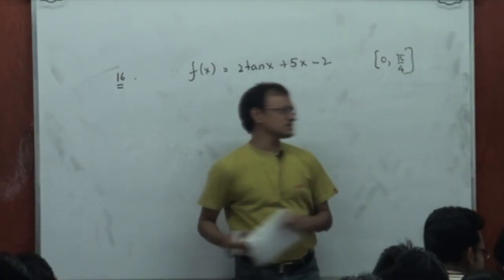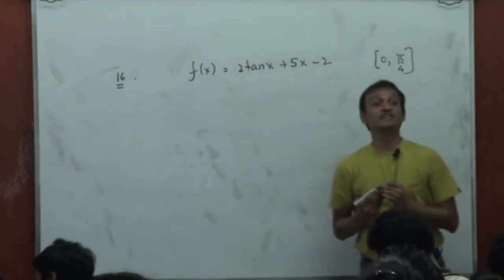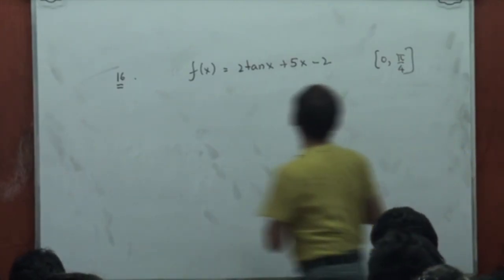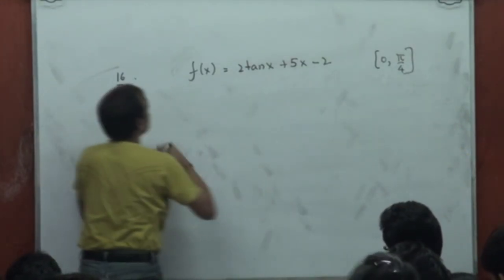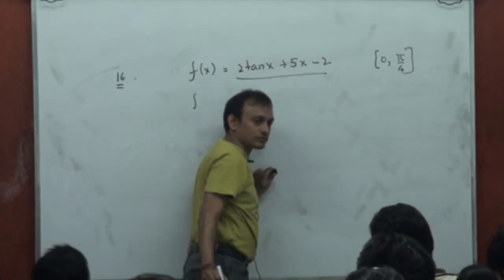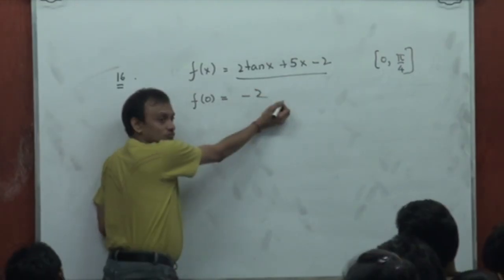Did I tell you in the past a property of continuous functions? If a continuous function changes sign in an interval, it must have a root in that interval. So then, look at this interval. At the end points of the interval, this is a continuous function in the interval 0 to pi by 4, right? Look at f0. That's -2.